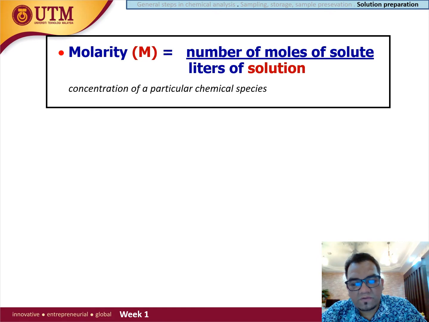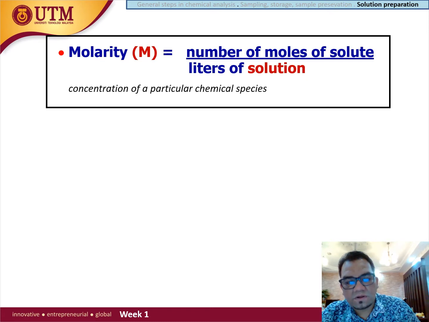So now when we dissolve calcium nitrate, we have 1 mole of calcium ion and 2 mole of nitrate ion because stoichiometrically, to form 1 mole of calcium nitrate we need 2 mole of nitrate combining with 1 mole of calcium.